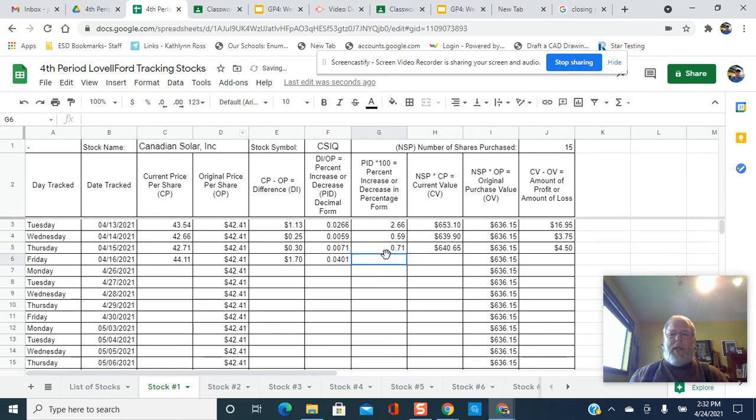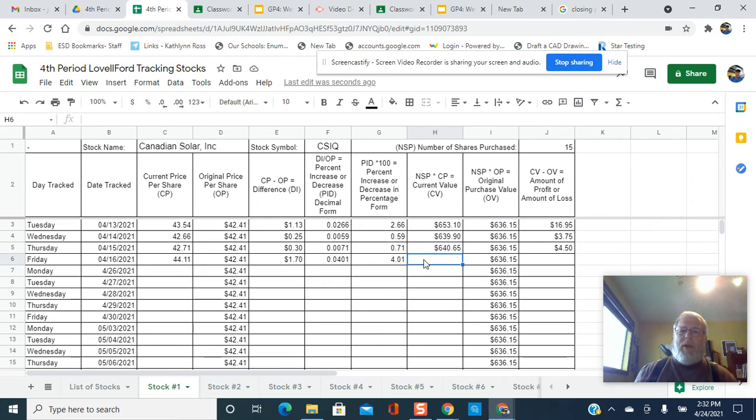Okay, we're going to take that number, 0.0401, times it by 100. So we actually had an increase of over 4%, 4.01%.